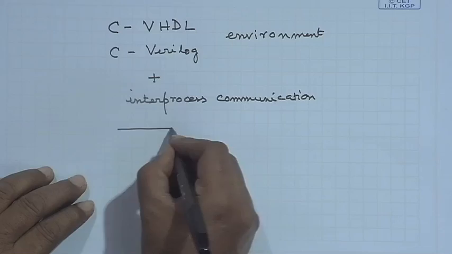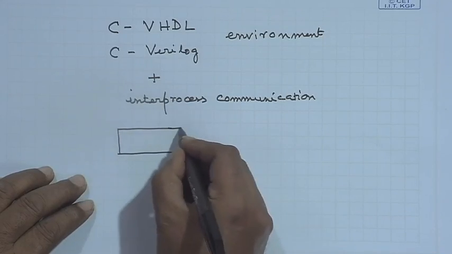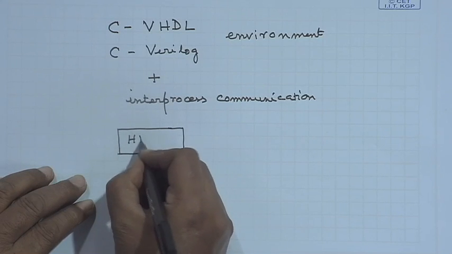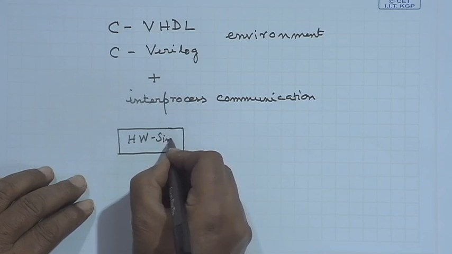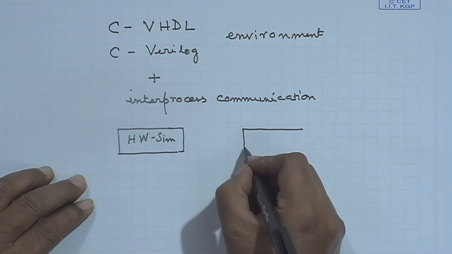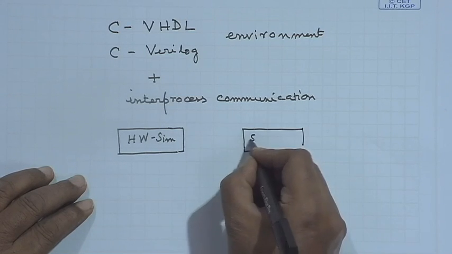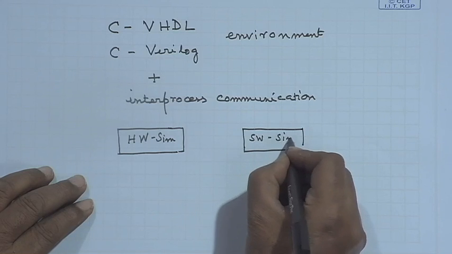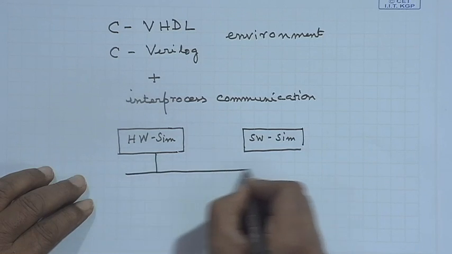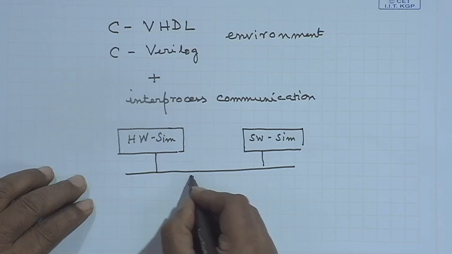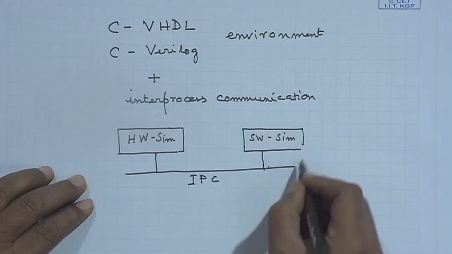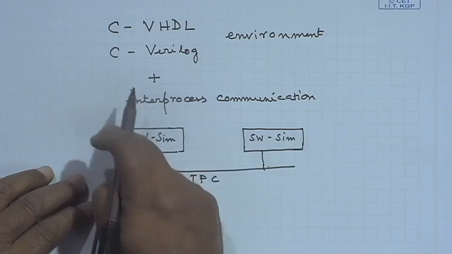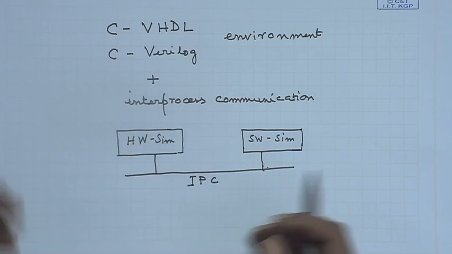So, basically here is a hardware simulator, here is a software simulator, and they have got some IPC, inter-process communication, and they are communicating among themselves, and this entire thing gives me the co-simulation environment.